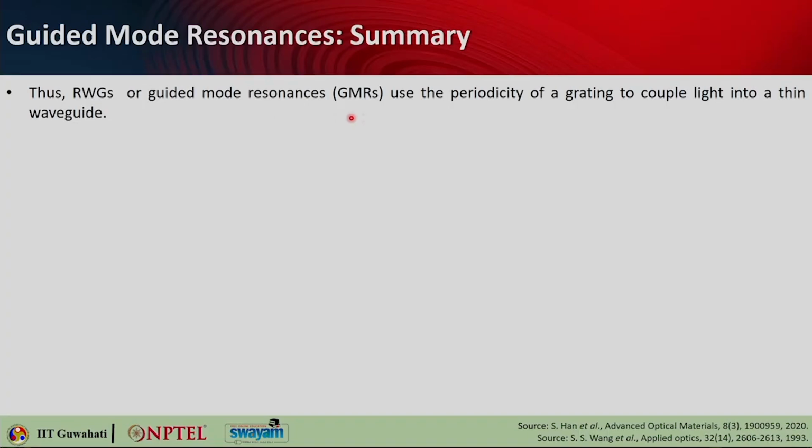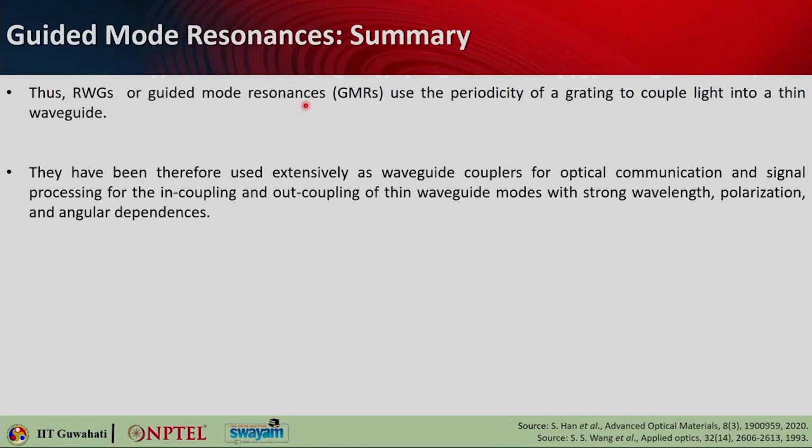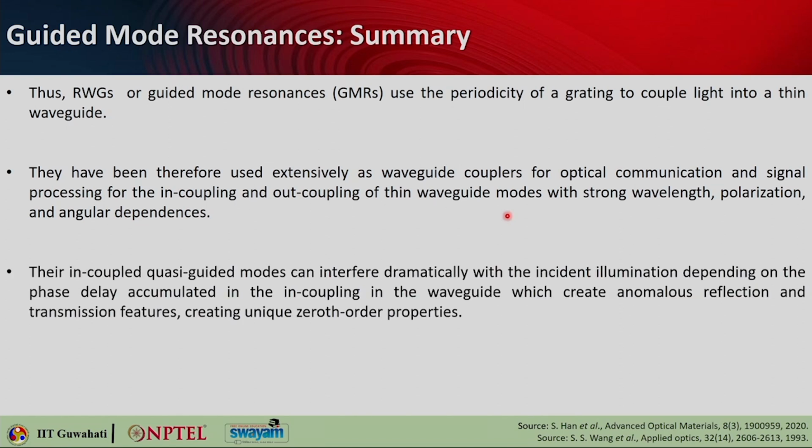So, RWG or GMR, basically they use the periodicity of a grating to couple light into a thin waveguide. They have therefore been used very extensively as waveguide couplers for optical communication and signal processing, for both in-coupling and out-coupling of thin waveguide modes with strong wavelength, polarization and angular dependence.